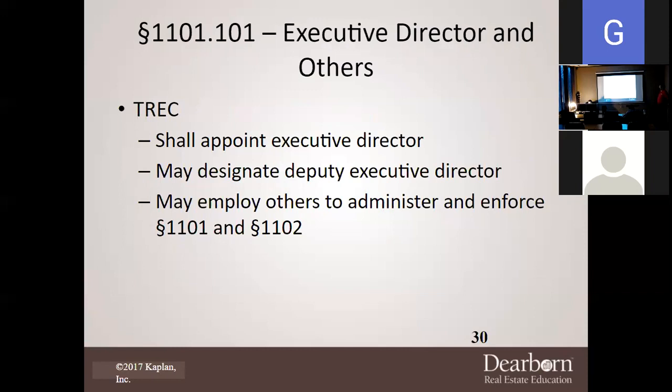The executive director and others: TREC does have an executive director, and they can also designate a deputy executive director. They may employ others to administer and enforce subsection 1101 and 1102 as well.